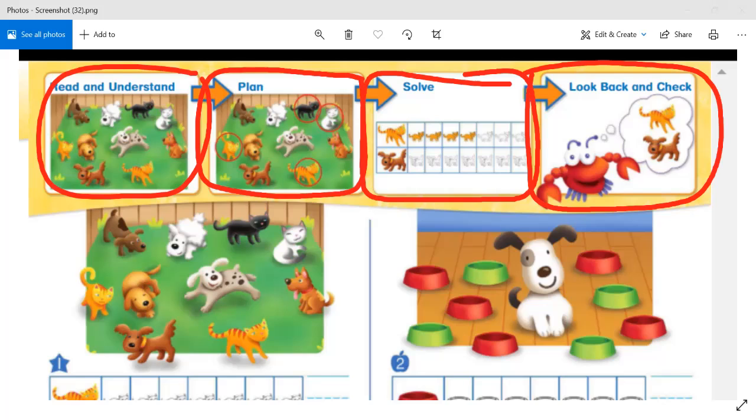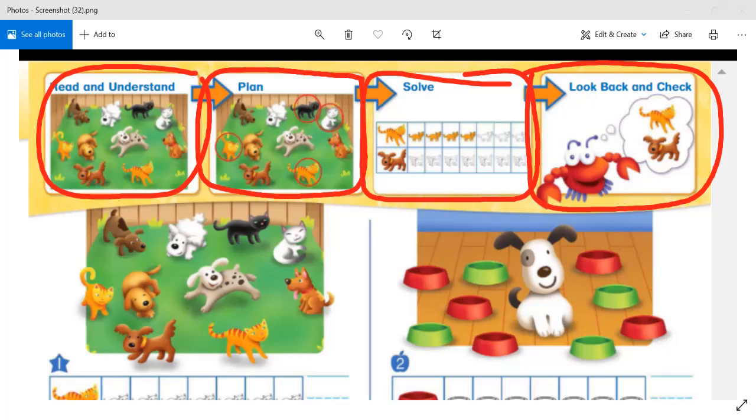He looked back at the picture and the graph to count how many cats and dogs there are. So how many cats are there? 4. How should he finish the graph to show how many dogs there are? He should color in 6 dogs, because if you count the dogs, there's 6.